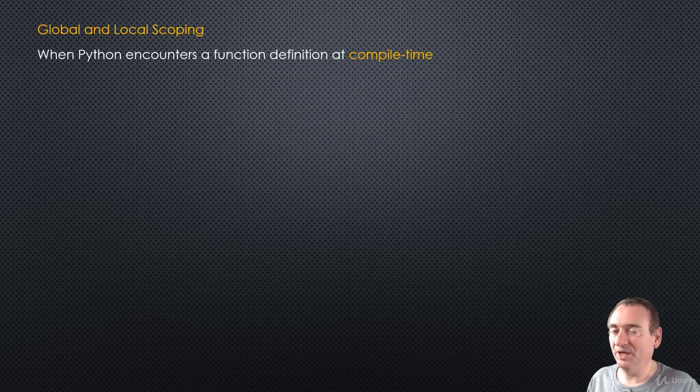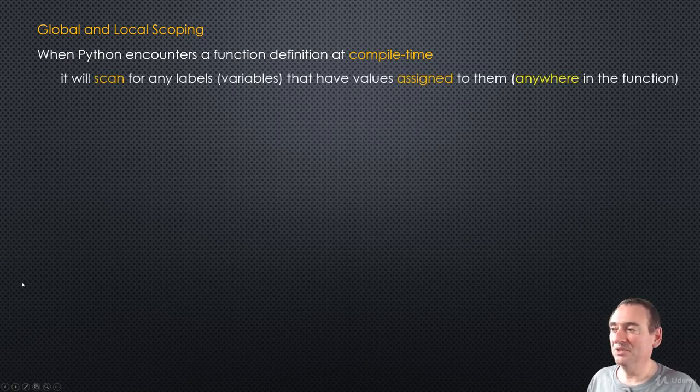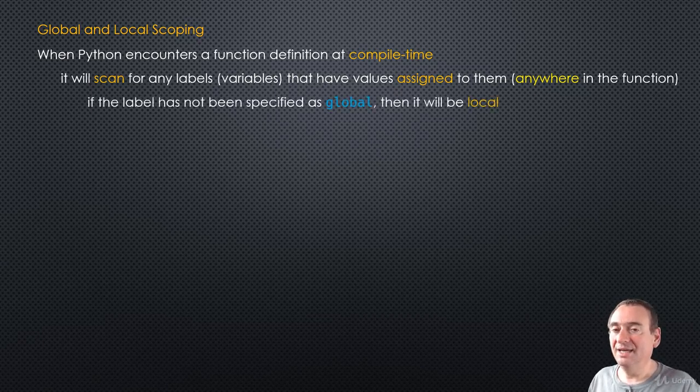So it will scan for any labels or variables, however you want to call those things, that have values assigned to them, anywhere in the function. It doesn't matter where it occurs in the function. It's going to find all these assignments and whatever's on the left-hand side of that assignment, those labels, it's going to say, hey, if you haven't told me these are global, they're going to be local.